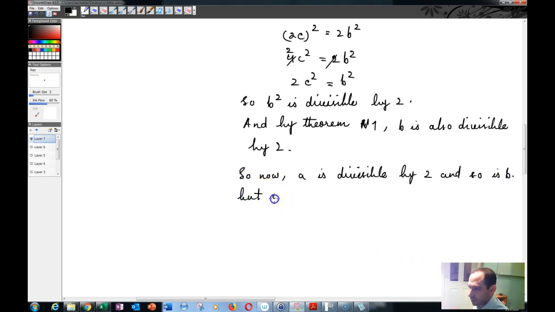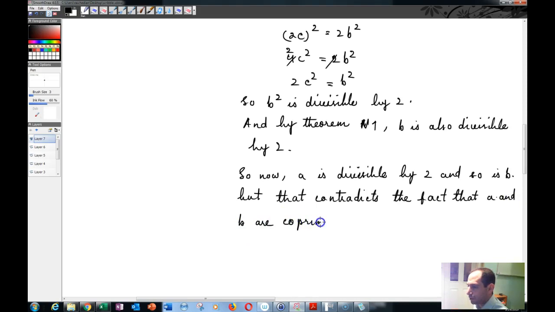But basically that contradicts the fact that a and b are coprime, meaning that if two numbers are coprime, they're not supposed to have any common factors other than 1, but now we have found that they have at least one common factor other than 1, and that is 2.